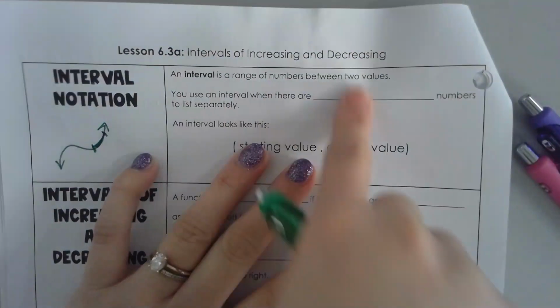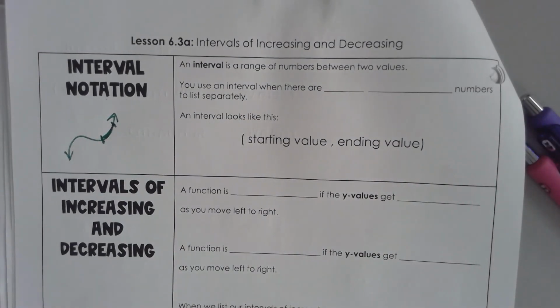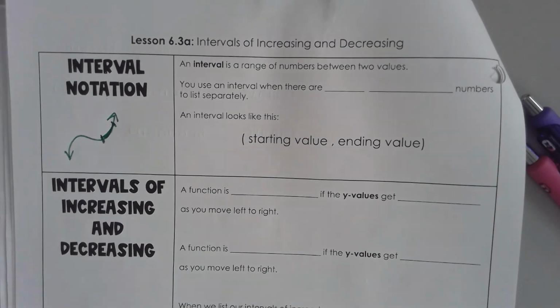So an interval is a range of numbers between two values. When I have an interval, I'm saying this is my starting point, it starts doing whatever I say here, and then it stops doing whatever I say here. So your first number is your starting, your second number is your ending.